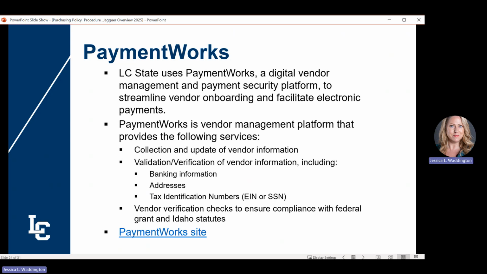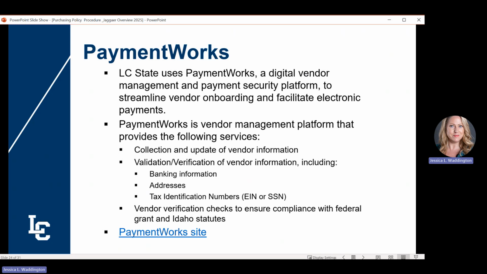We have a PaymentWorks site on the purchasing website, providing information to our vendors and to our internal users on PaymentWorks. PaymentWorks is a digital vendor management and payment security platform, which both streamlines vendor onboarding and helps facilitate electronic payments. PaymentWorks also provides for the collection and update of vendor information.